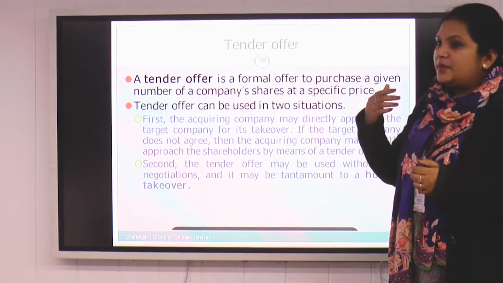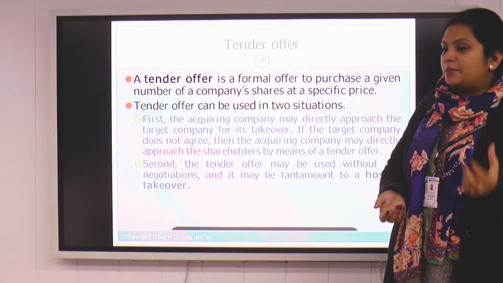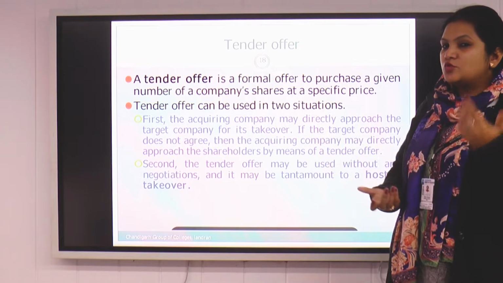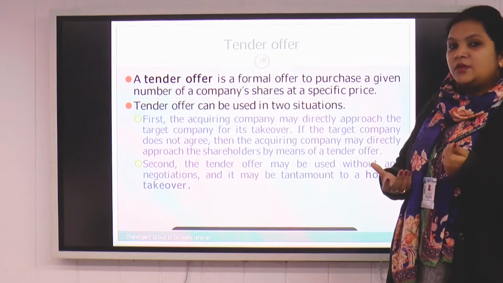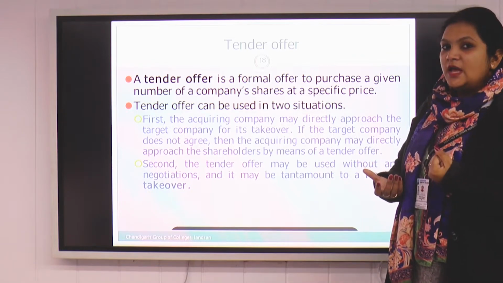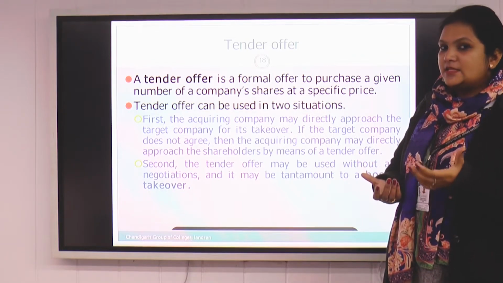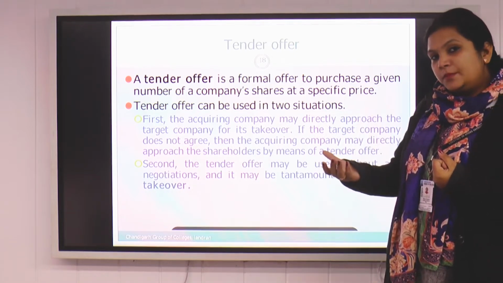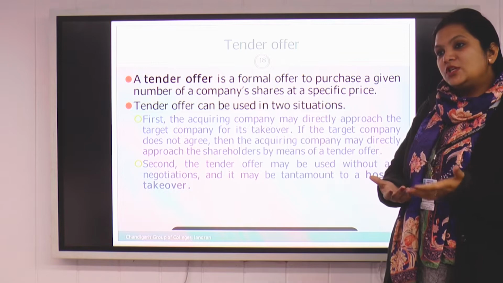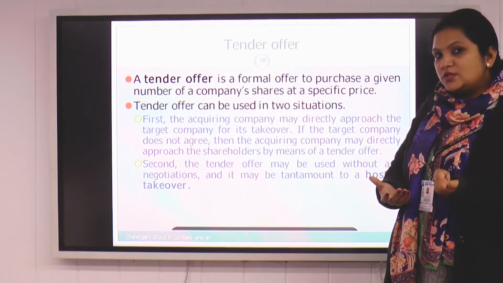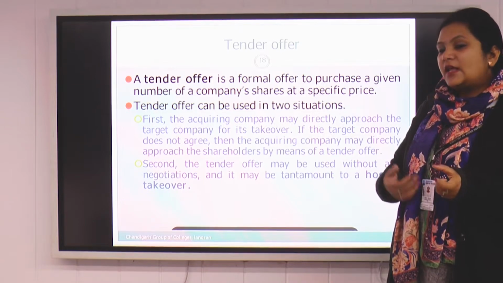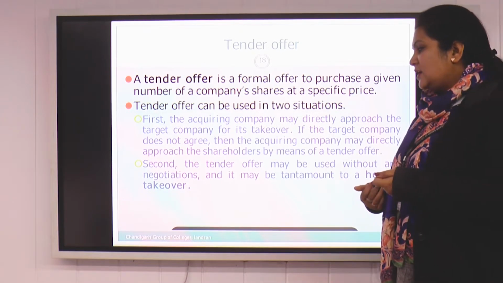For example, company B wants to acquire company A. The board of directors of company B comes to company A and tells them that they want to take over the business. If company A does not agree to their offer, company B gives them a tender offer to purchase the shares at a stipulated price. That's called the tender offer.